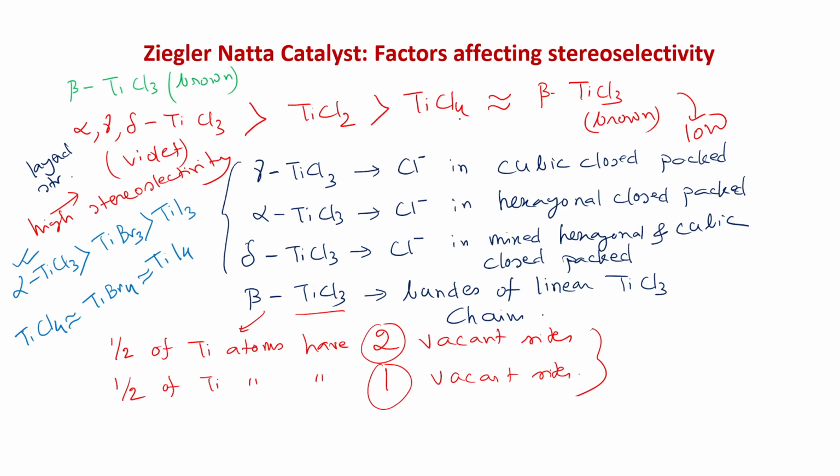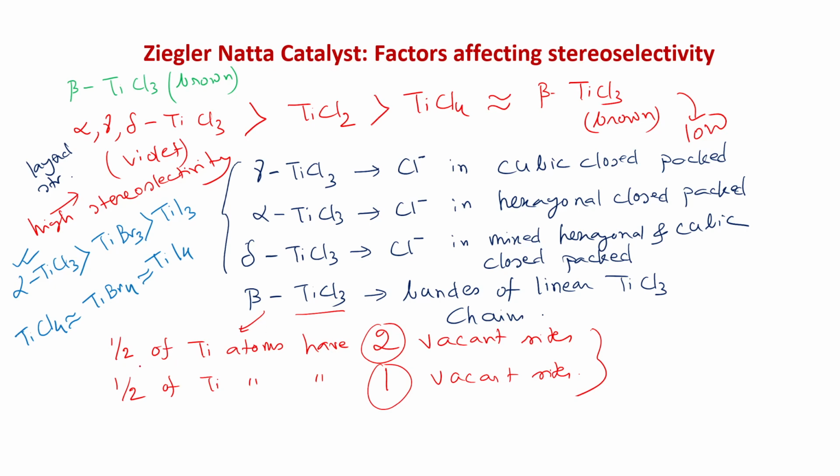So this is actually not the activity, but the stereoselectivity. Alpha, delta, and gamma are violet and highly stereoselective. From that, for beta TiCl3, the selectivity is very much lower.